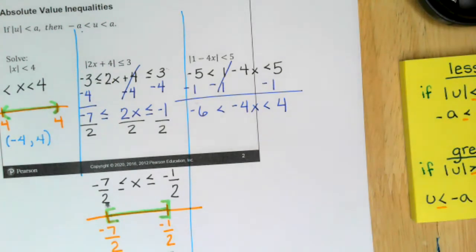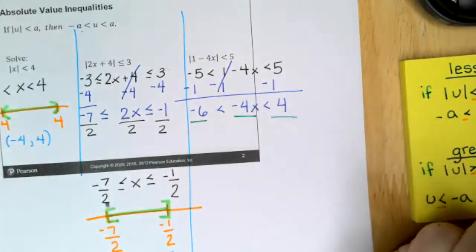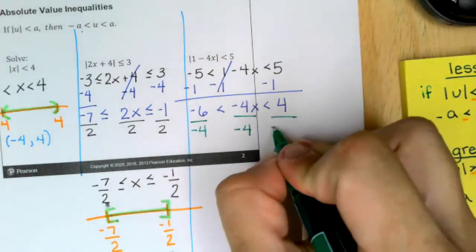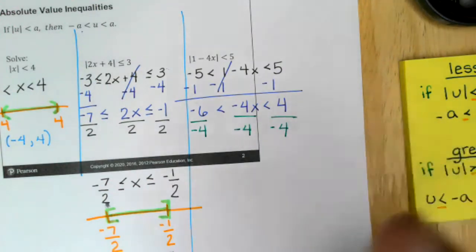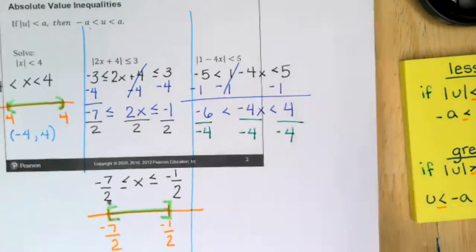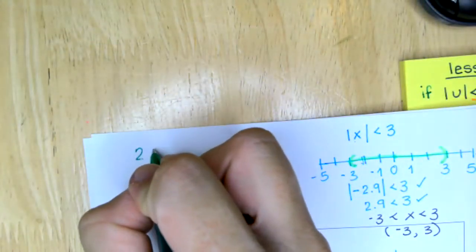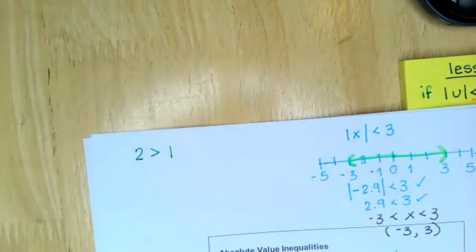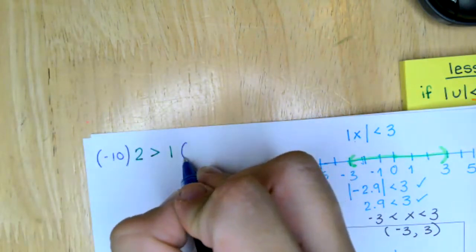Now I need to divide. I'm going to divide by a negative 4. Because I'm dividing by a negative, remember, we flip the sign. Do you remember why? 2 is greater than 1. True? What if I multiply them both by a negative 10?